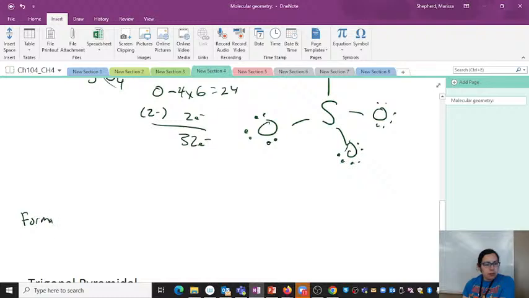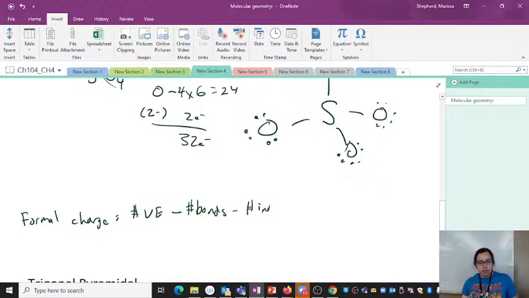Formal charge is just equal to the number of valence electrons, right from your periodic table, minus the number of bonds, and then minus the number of individual electrons.